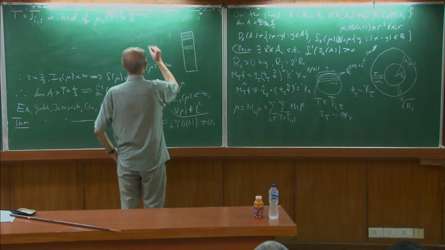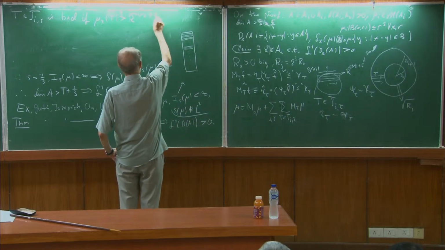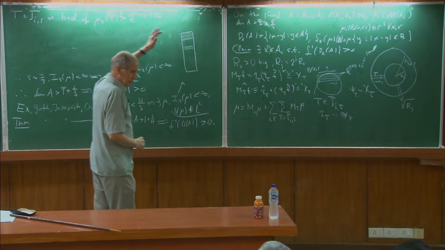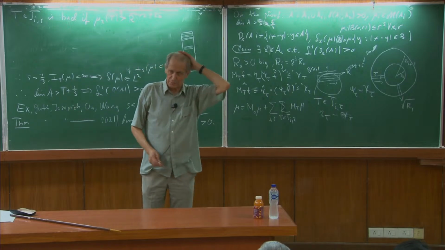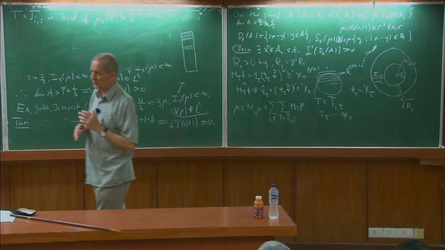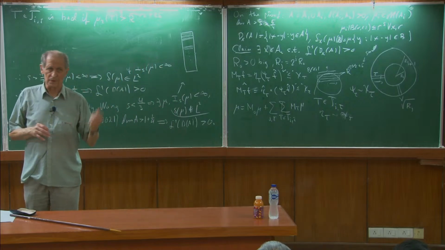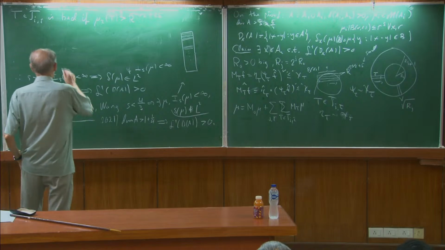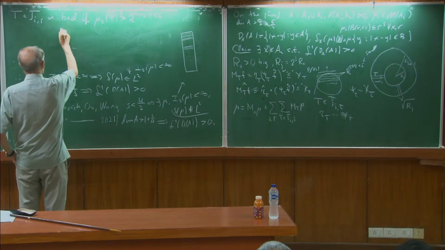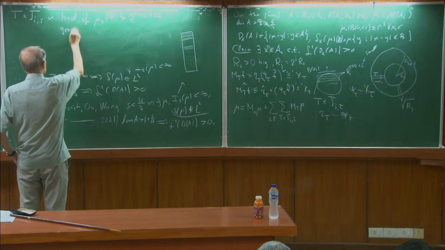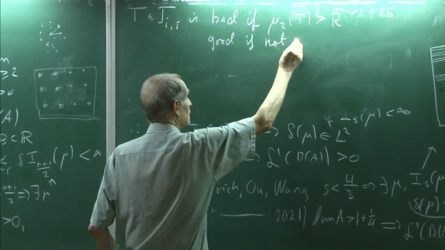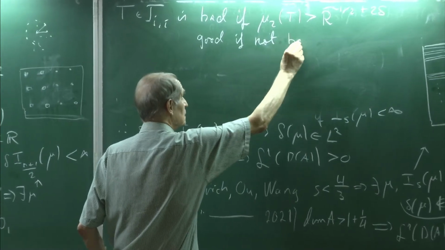And we want it to be bigger than that, so maybe 2 delta or something. So this simply says that those rectangles which have essentially more than the average measure are called bad. And then it is good if not bad. So there are only good and bad people in this business.